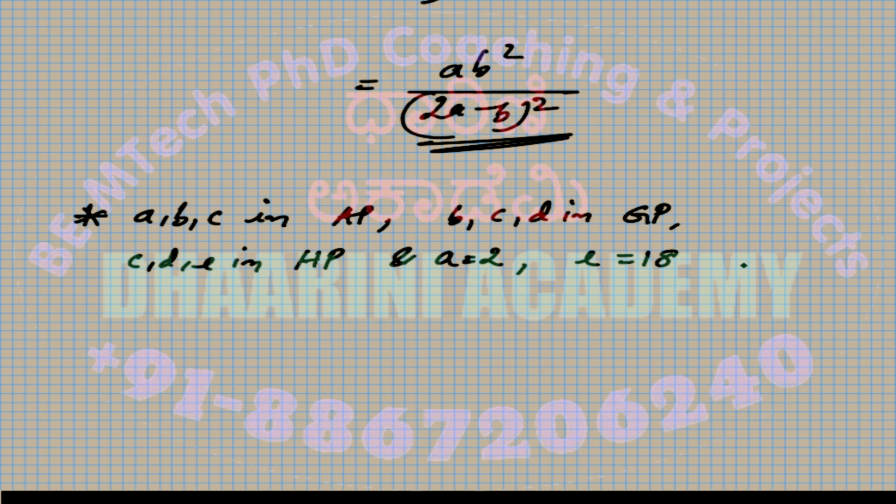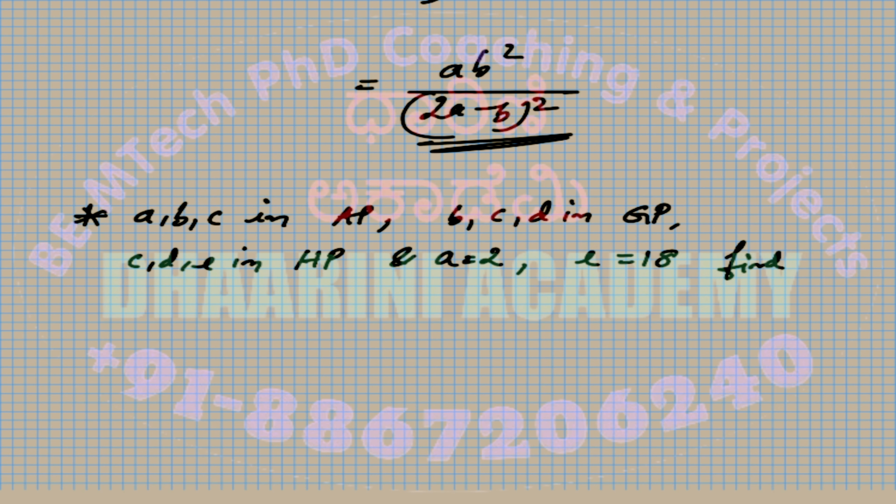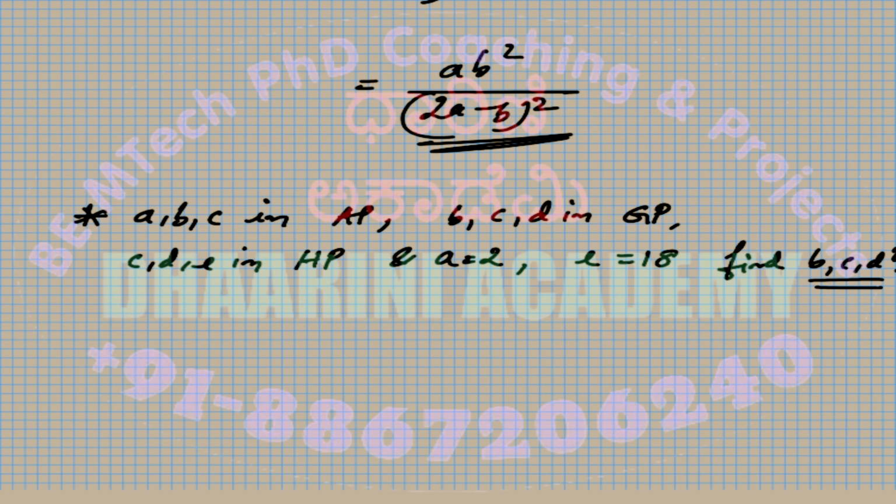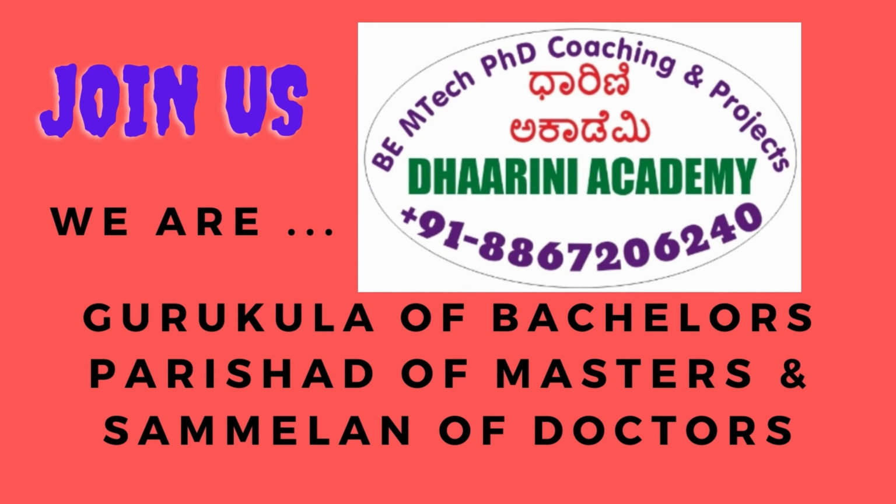Then you're supposed to find B, C, D. Find the values of B, C, and D is the question.